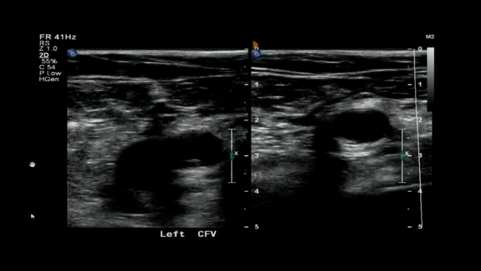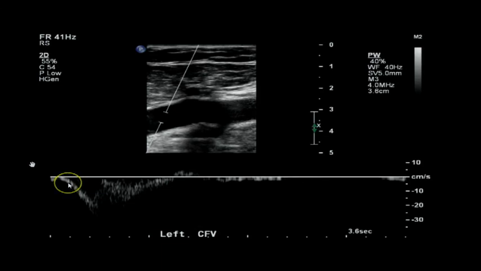The last point you will want to mention in your impression is that this was a unilateral study, and it is proper procedure to just show a compression and flow in the contralateral common femoral.